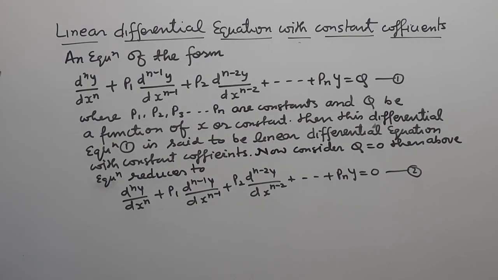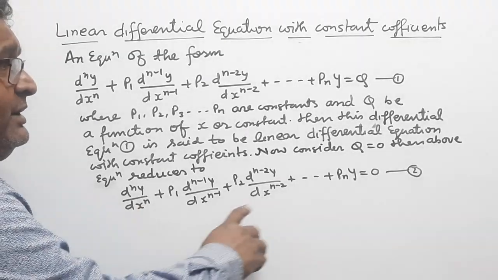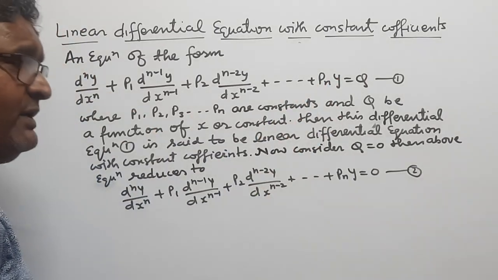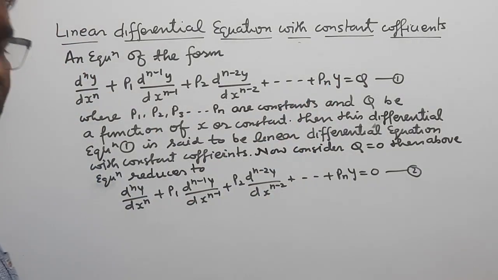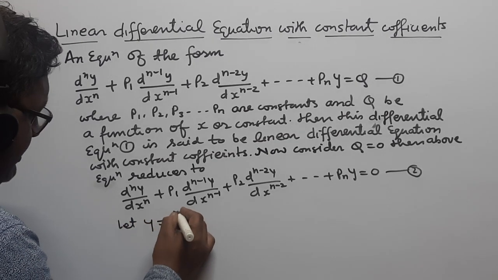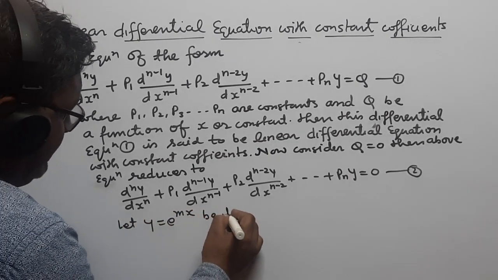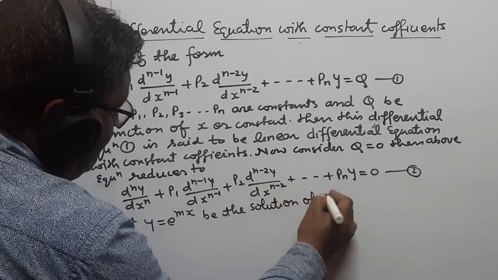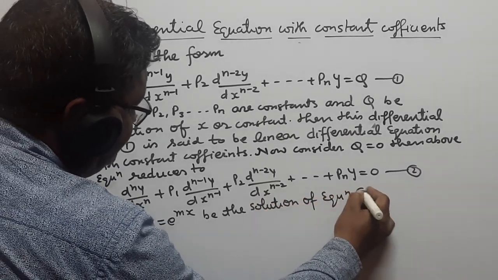Here we put q is equal to 0 in the above equation 1, we get the second equation. Let y is equal to e to the power mx be the solution of equation second.